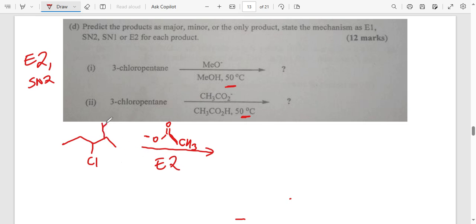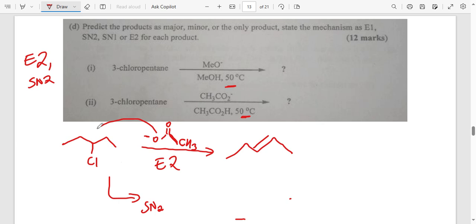So we'll grab a hydrogen here. We'll break a bond. Then we're going to produce this guy. The minor product, that's where the difference is going to go. So in the other one, that is going to happen by SN2.